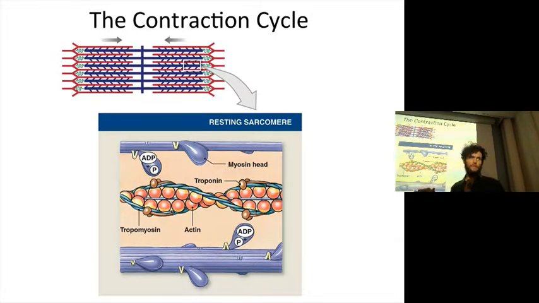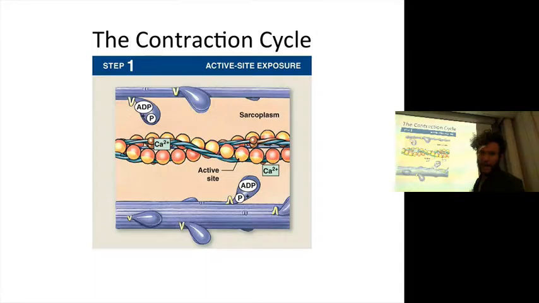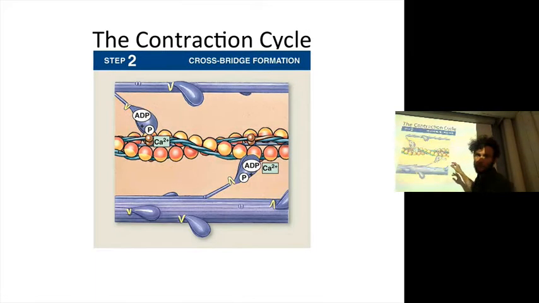So we start having paid for it. Calcium comes in. Let's do that. Calcium comes in, binds troponin, rolls the tropomyosin off, reveals this active site, and now we're ready for the beginning of a contraction cycle.